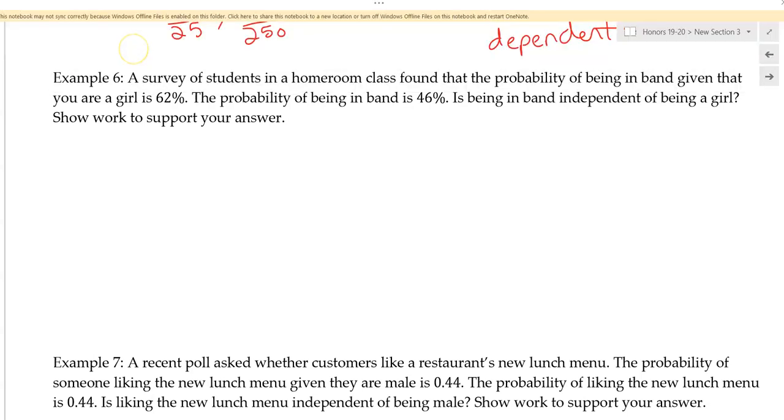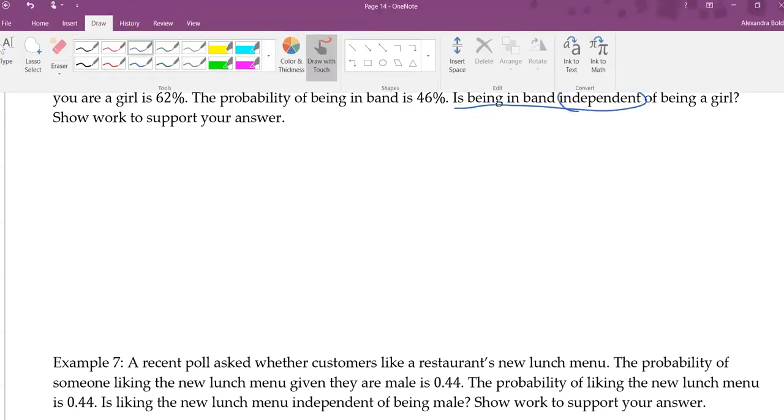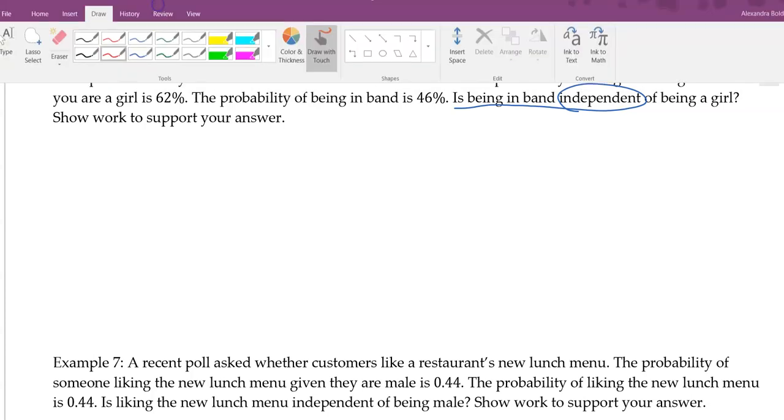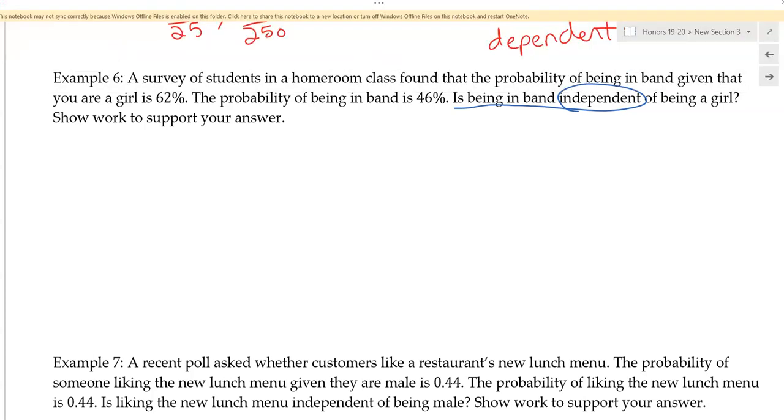So again, it's asking us, is it independent, right? Now this one doesn't have an and, but it does have that given probability. So we're going to use our conditional independence test, not our and independence test. So the probability of B given A has to equal the probability of B.